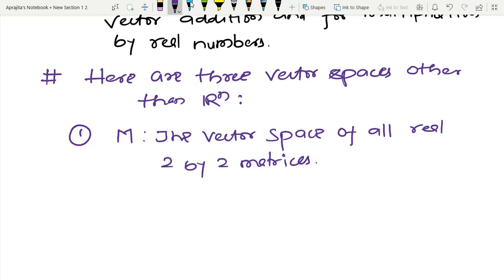Similarly, I have another example. I am denoting that by F. So here, please do not confuse.